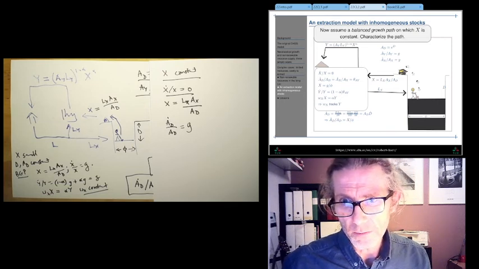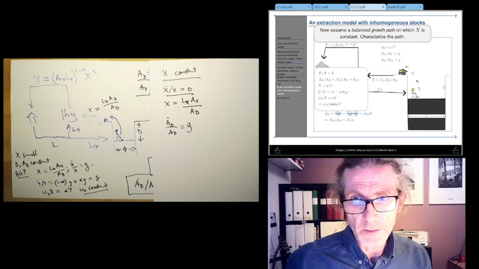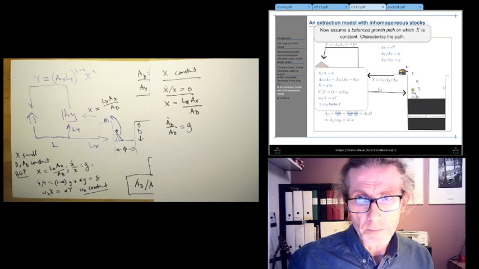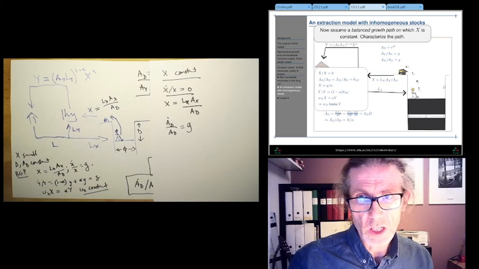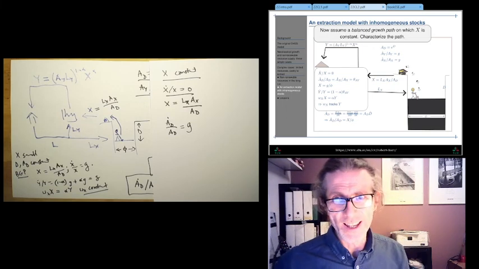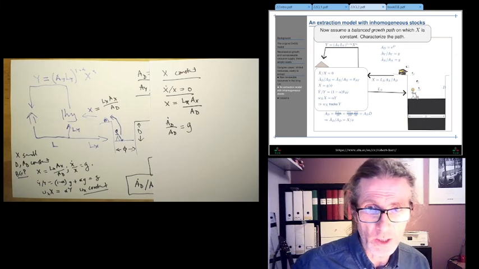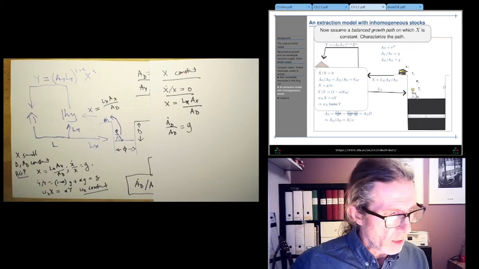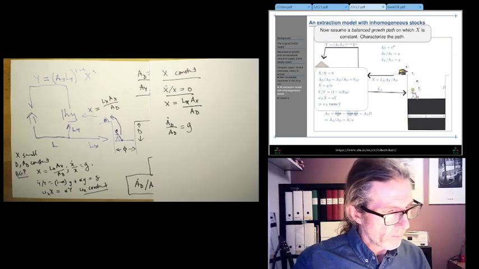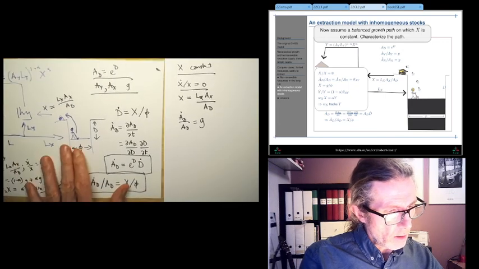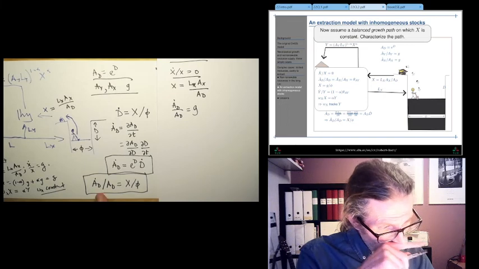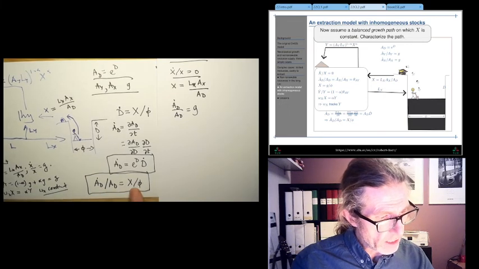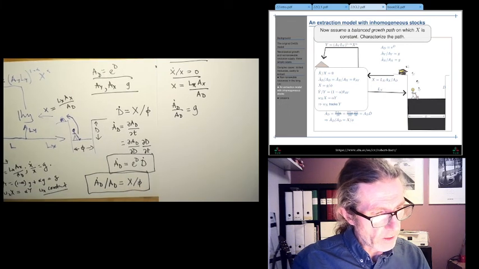Okay, I've screwed up the notation a bit there. So AD dot over AD must be G, or theta AY, and I put that in the notes, but it should be G. But we know that AD dot over AD is X over phi.